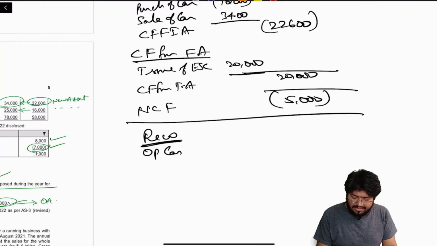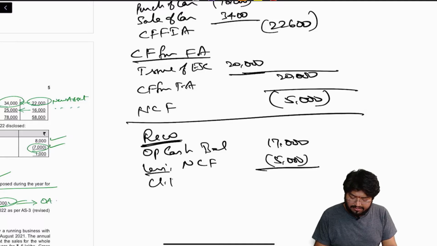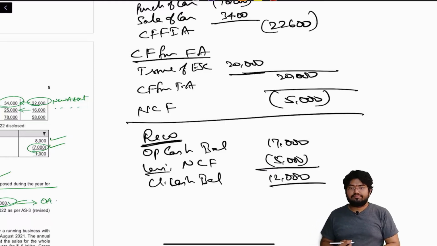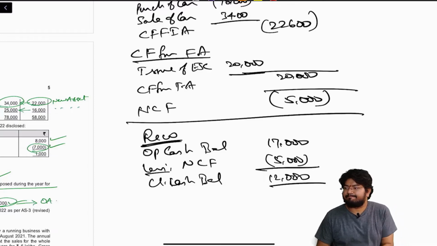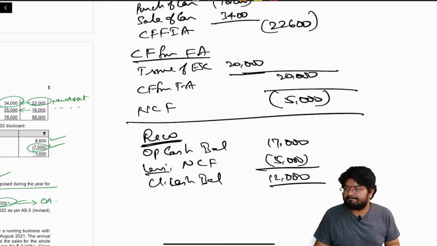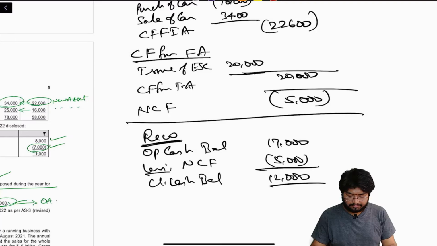Opening cash balance, it is 17,000 less net cash flow 5,000, closing cash balance 12,000. Is that clear, people? Yes, sir.